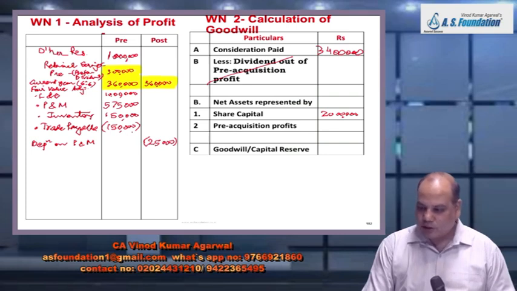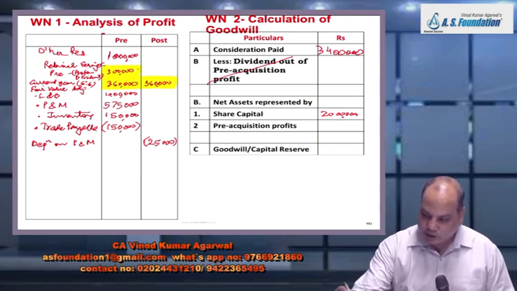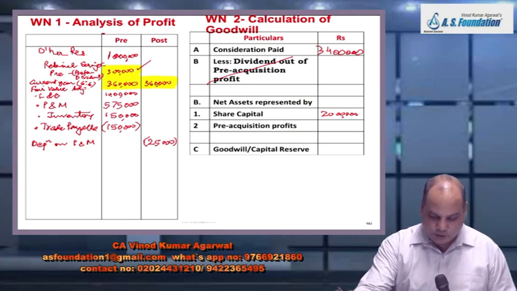Adjustments are also over, but I'll just read it again. The retained earning of XYZ Limited showed a credit balance of 3 lakh. That is, we have done here 3 lakh, out of which a dividend of 10% was paid. That we have adjusted. Then on 1st November, DF Limited credited the dividend received to retained earning.